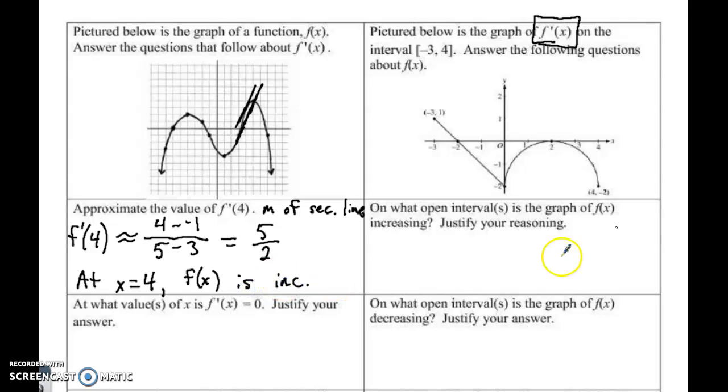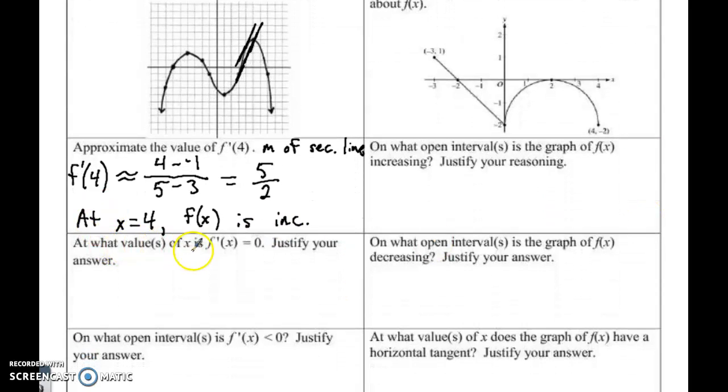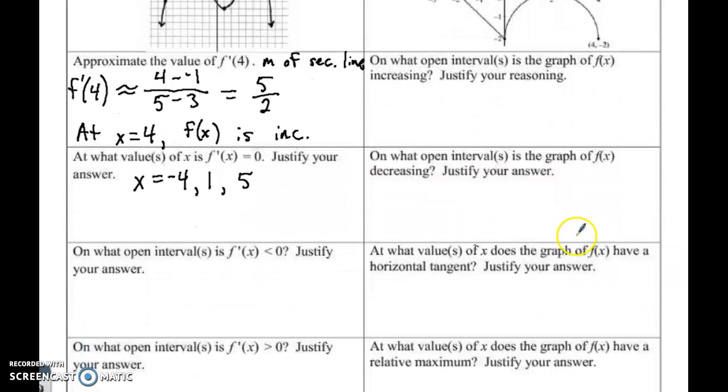Things like that. So now, at what values of f prime equal to 0, those are looking for your relative mins and maxes. So in this problem, at x equals -4, at 1, and 5. On what intervals is the derivative less than 0?